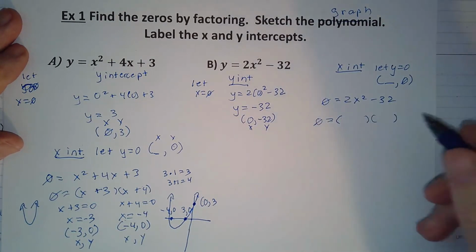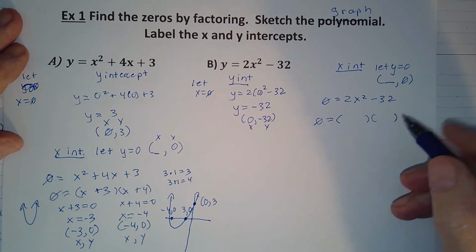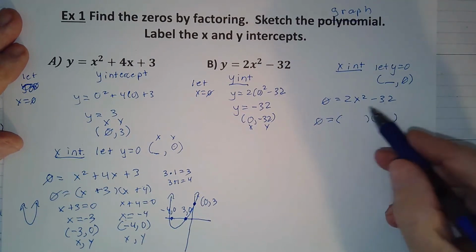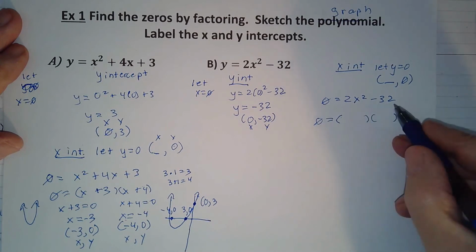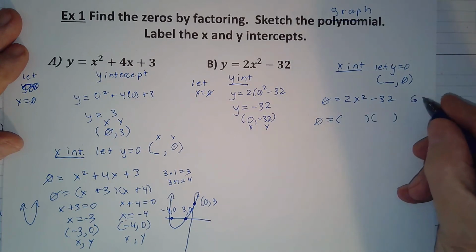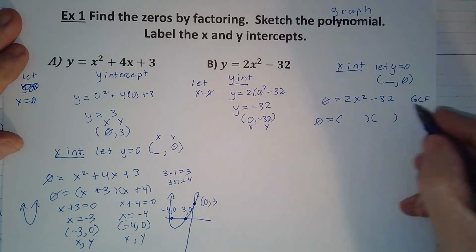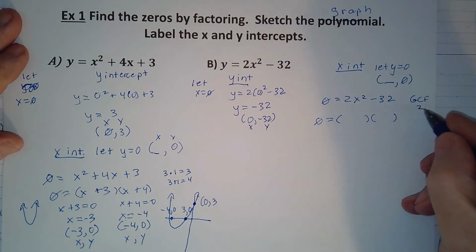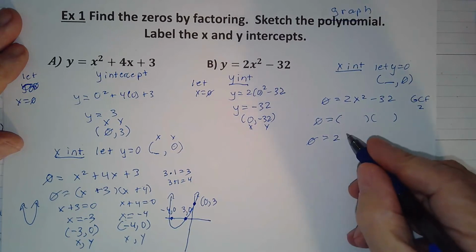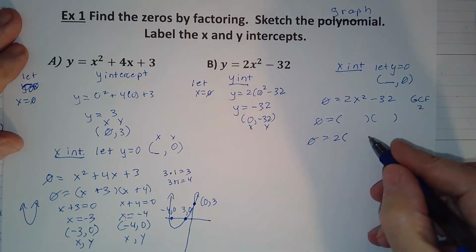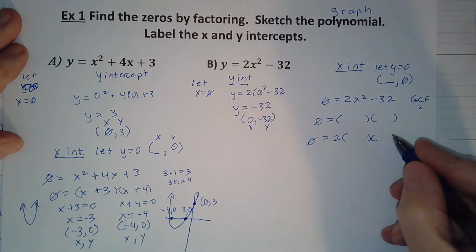Okay. So we factor this, and we've got a GCF here because we can divide both of these terms by 2. So let's factor out the GCF. So that's going to be 2. So I'm going to have 0 equals 2.